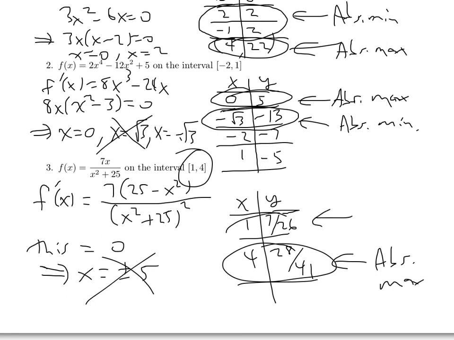And the smaller number here is my absolute min. So I would say that my maximum value of the function is 28 over 41, and it occurs when x is 4. My minimum value of the function is 7 over 26, and it occurs when x equals 1. You'll hear that kind of language used in this section.